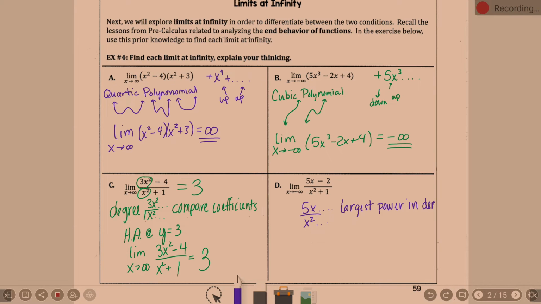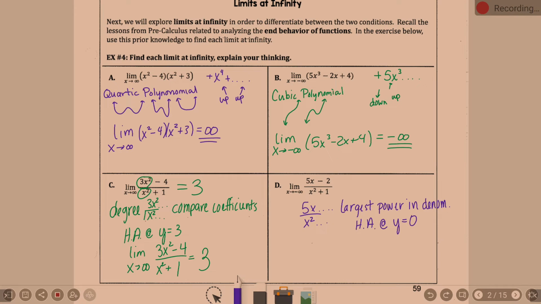Is it 1? Nope. There is a horizontal asymptote at 0. y equals 0. Anytime the bigger power is in the denominator, there's a horizontal asymptote at 0.